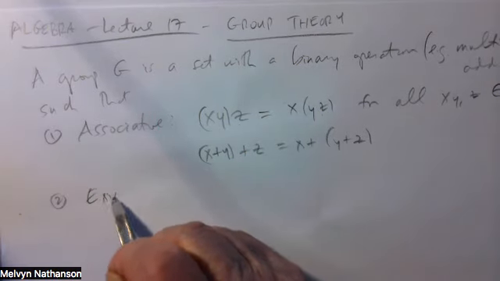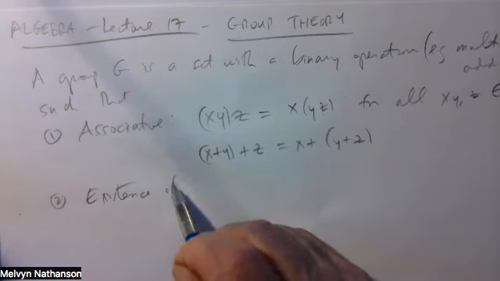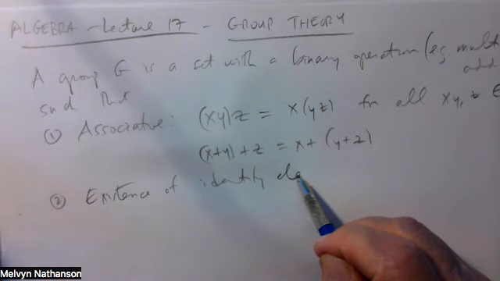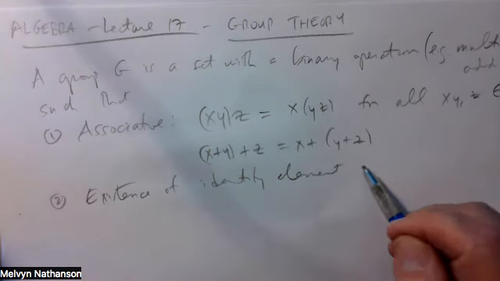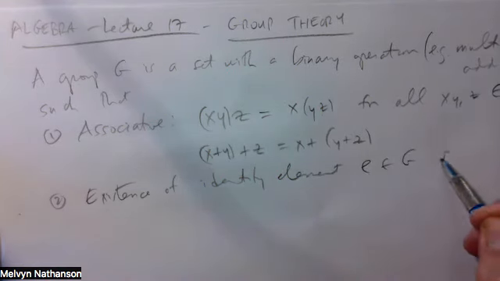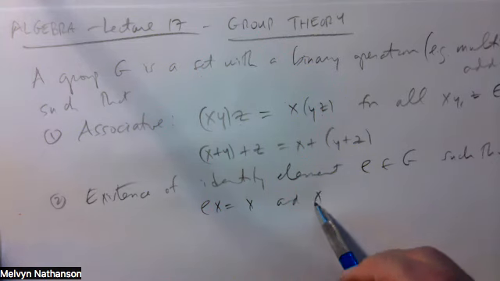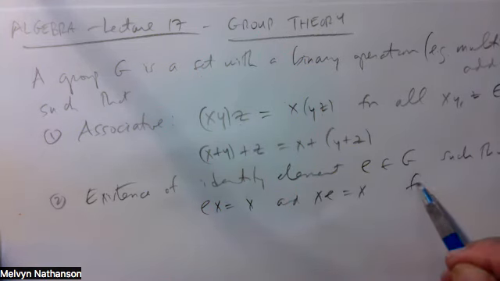Second, the existence of an identity element. It's called E in the group G, such that E times x equals x, and x times E equals x for all x in the group.